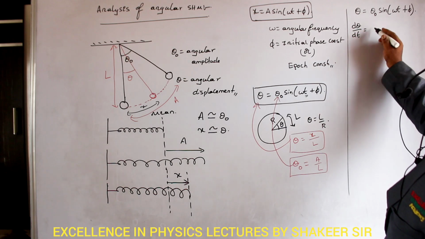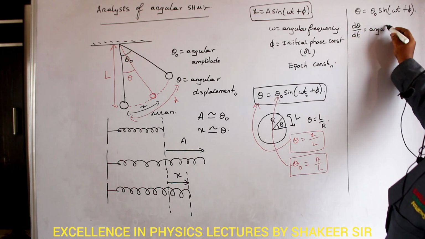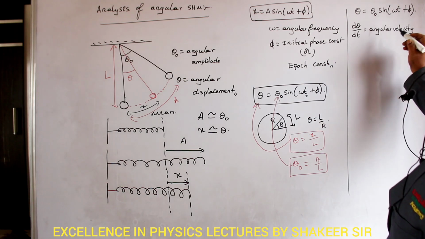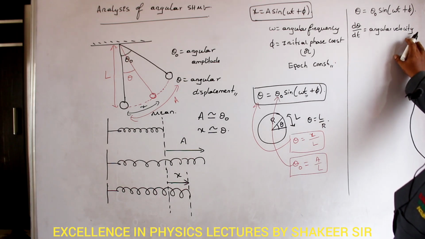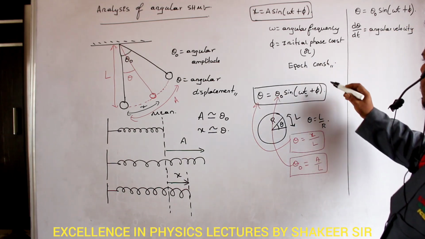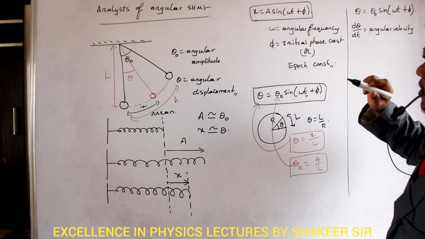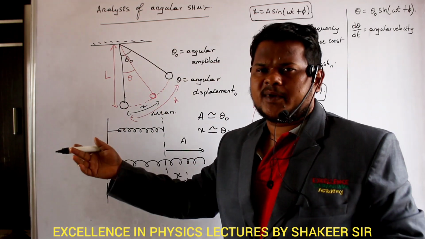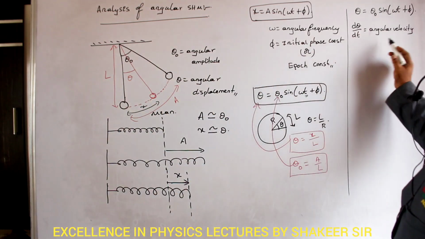Angular velocity is also generally represented by omega, but here we have already used omega. What is omega? Omega is called the angular frequency, that is, how many angular amplitudes this particle will complete in 1 second. But here this omega is different.